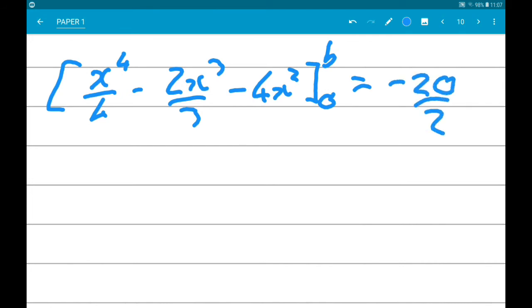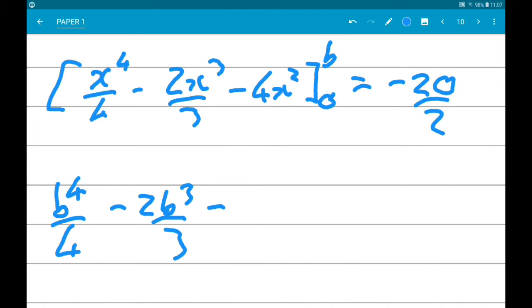So, we are going to get b to the power 4 over 4 minus 2b cubed over 3 minus 4b squared.